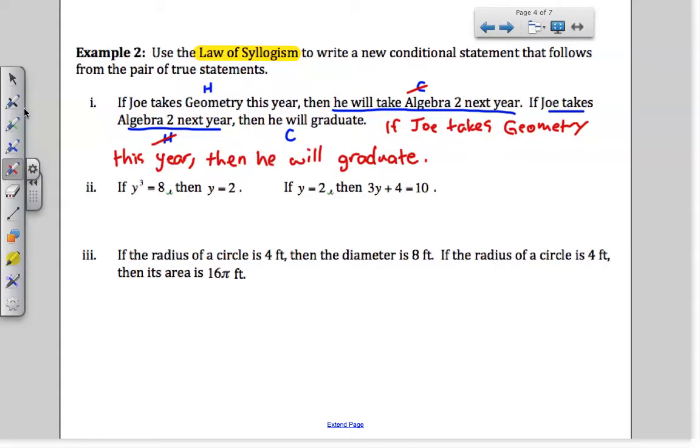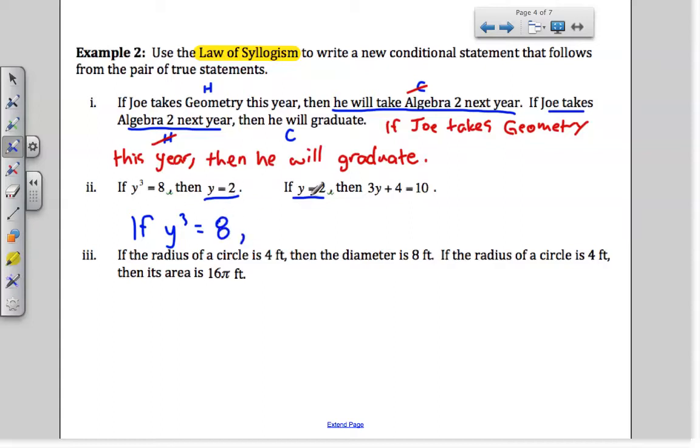Notice something was repeated again. Then y equals 2 was the conclusion of the first statement and the hypothesis of the second. This was repeated. This is the chain that I can completely eliminate. I can get rid of this common chain between the two. Start at the beginning. If I know that y cubed equals 8, I'm writing this new statement.